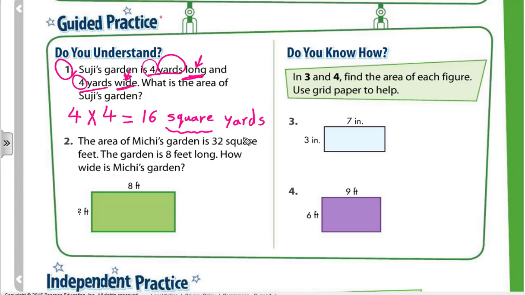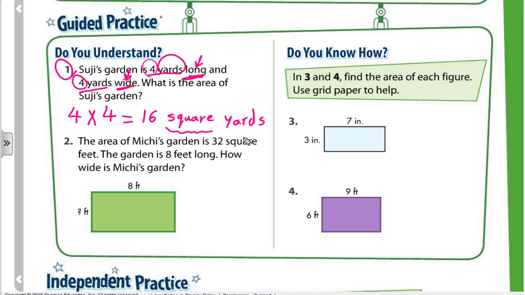Now, my heroes, I have a big question. In question number 1, you can see that the two dimensions are equal. So, is this shape a rectangle or a square? It's square.